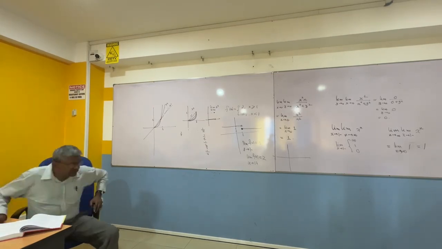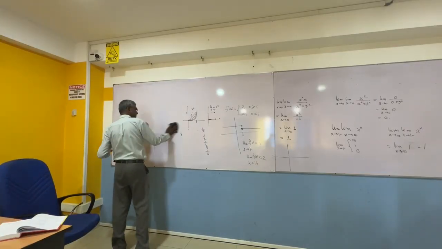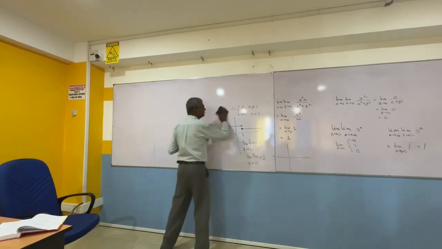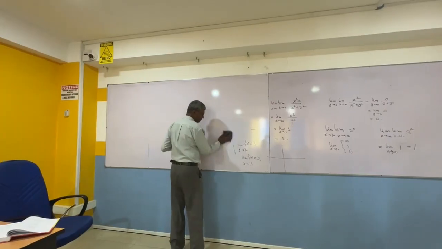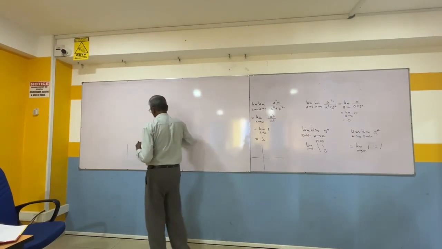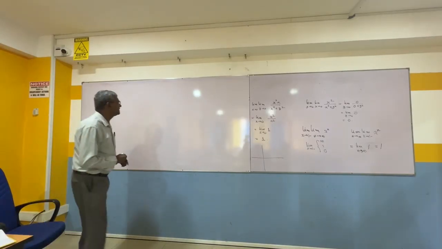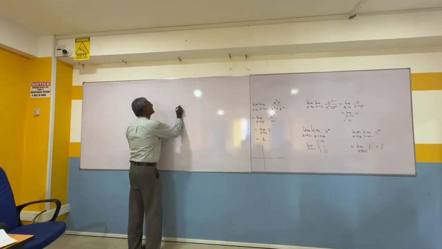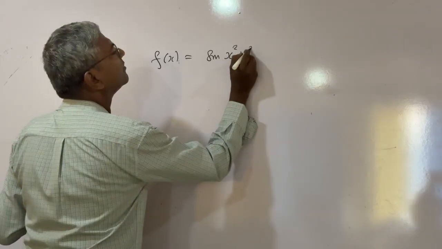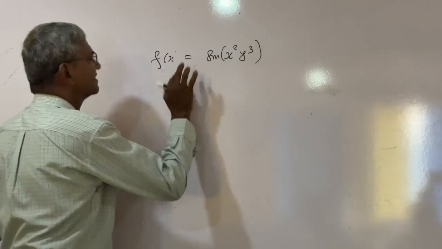The best way to do it is, let's say for instance, some easy example. f(x, y) equals sin of x squared y cubed. So a function of two variables. Now we want to find f_xy.